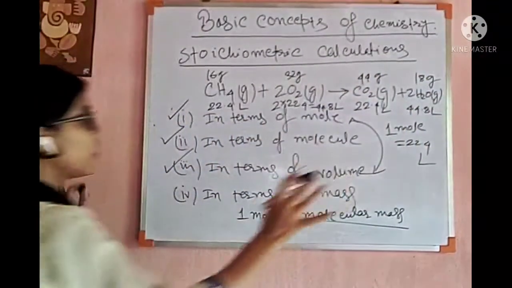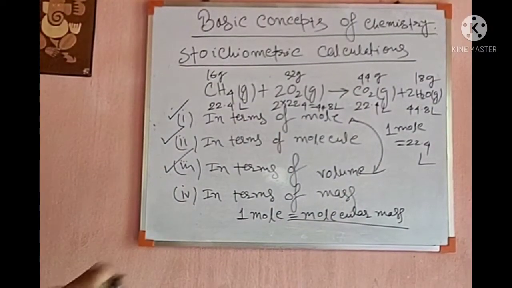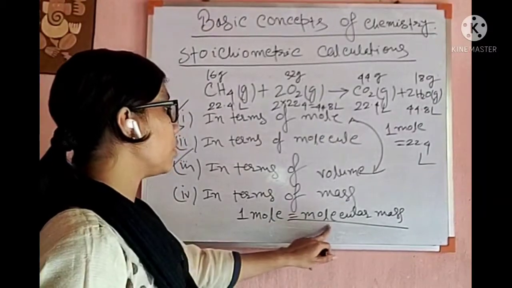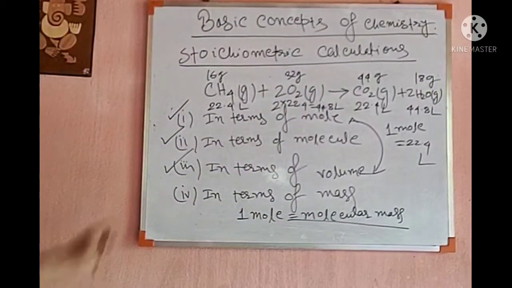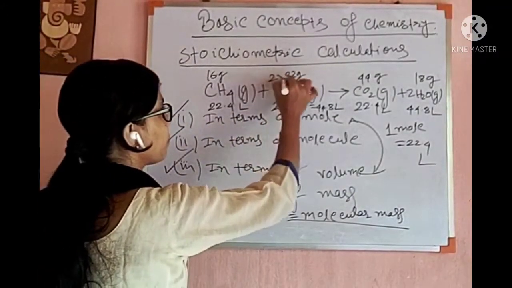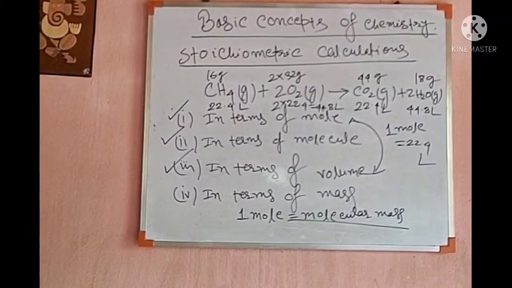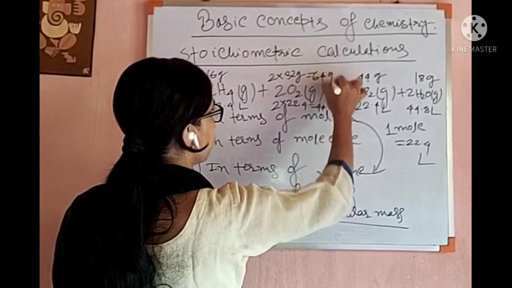I have written the molecular mass of 4 different compounds, but you see 1 mole is equal to molecular mass. So here 2 mole of oxygen is present according to the first method. 2 mole of oxygen means 2 into 32 gram, since 1 mole oxygen means 32 gram, so 2 mole means 64 gram.